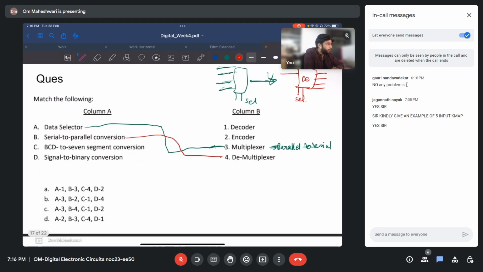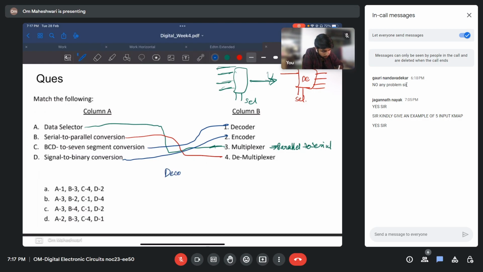Okay, so BCD to 7 segment conversion. Here we will have a decoder, and signal to binary conversion is encoder. Like we had seen in that parity encoder, what is a decoder and encoder.